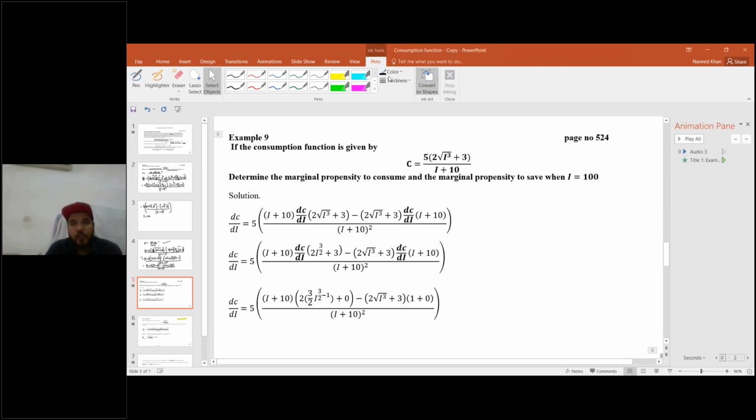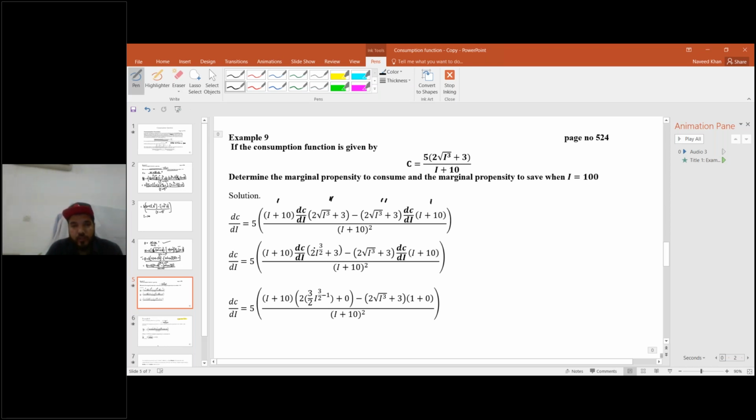Now, dear student, if you see this question, the same question here we have is I plus 10. This is our denominator, and the above function which we have is numerator. So 5 is just the coefficient. So this is our first function: derivative of the second function minus second function derivative of the first function.